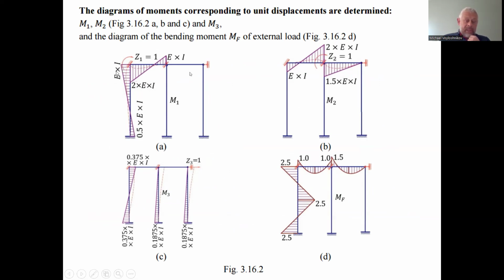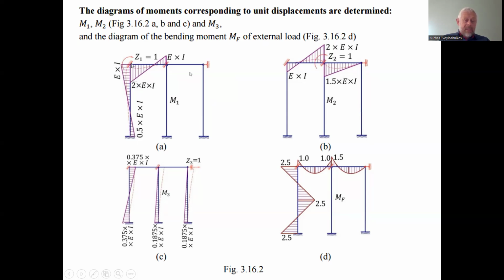And we can find here, using this, that the bending moment has to be the product of the elasticity modulus E by I, where I is the moment of inertia of the transverse section of the left stand. And we have another one, just half of that moment.